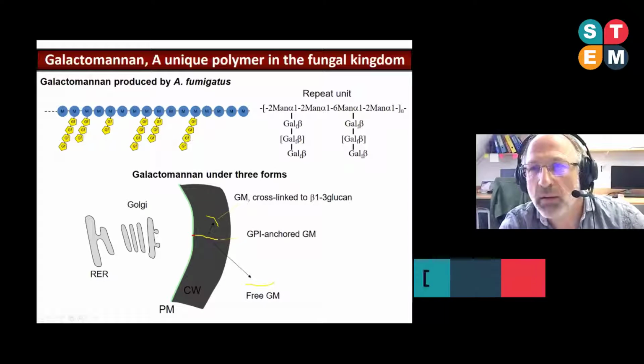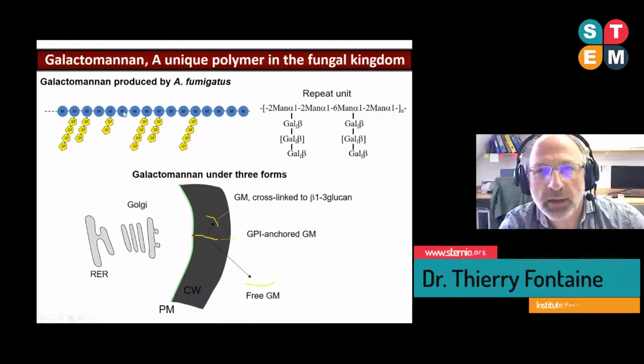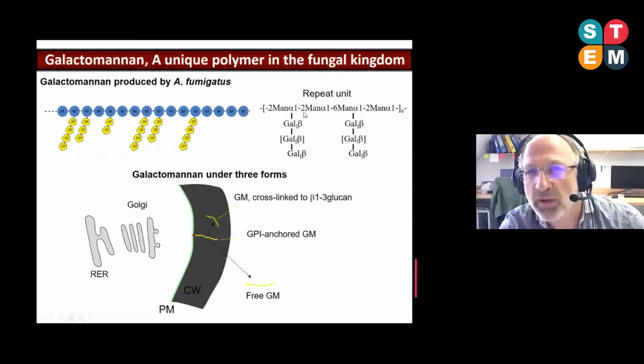The particularity of the mannan chain is that it is constituted by a tetramannoside repeat unit containing 3 alpha-1,2 mannose and 1 alpha-1,6 mannoside. The other characteristic is the localization of the galactomannan, which we find under 3 forms.